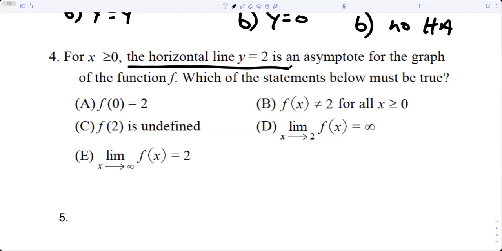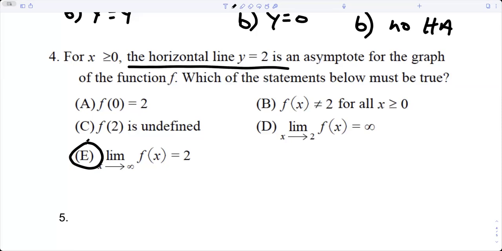Therefore, what must be true? The value of the limit as x goes to infinity of the function is 2. It has to be e. Why? Because the value of the limit as x goes to infinity is the value of the horizontal asymptote. Therefore, there's a horizontal asymptote at y is equal to 2 if the limit has a value of 2.